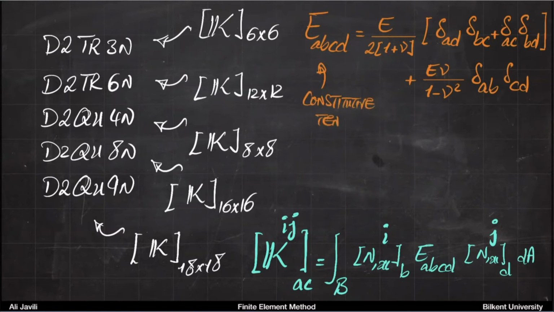And as I mentioned, this is a fourth order tensor in principle, which means each of its indices in 2D can go from 1 to 2. So it would be 2 by 2 by 2 by 2, which tells you it has 16 components overall.